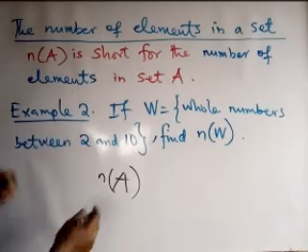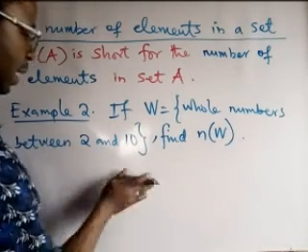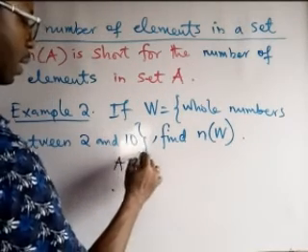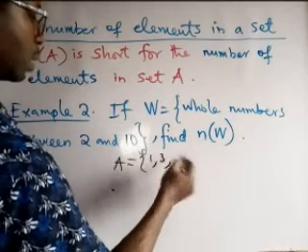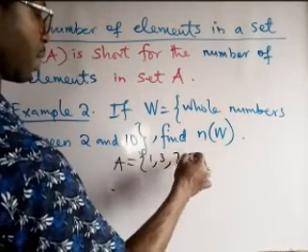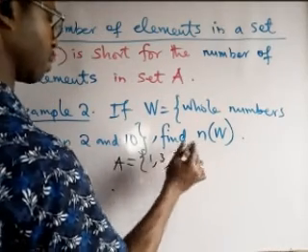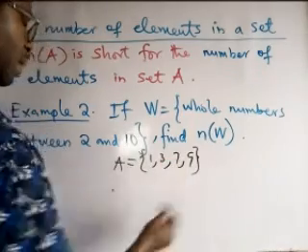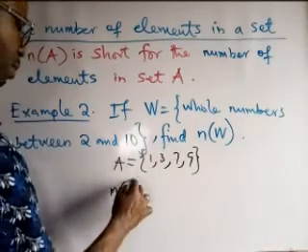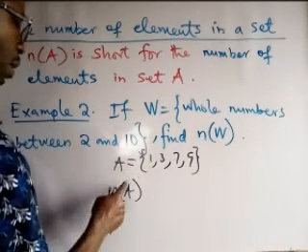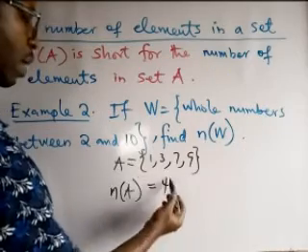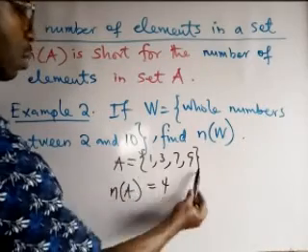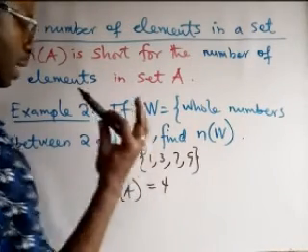For example, if all the elements in A are, let's say, 1, 3, 7, 5 and 9. If this is my set and I put this, I'm saying count 1, 2, 3, 4, 5, and the answer will be 5 without any curly brackets, just like this.